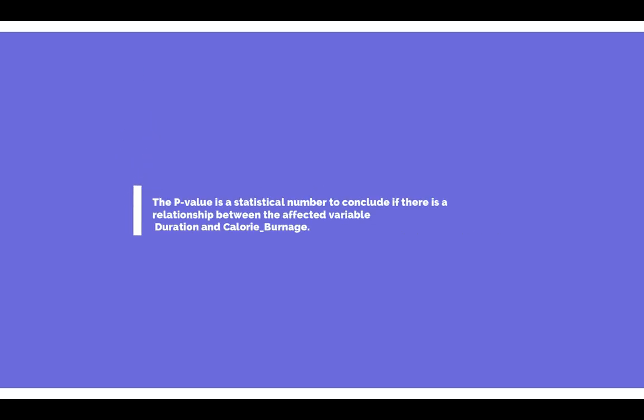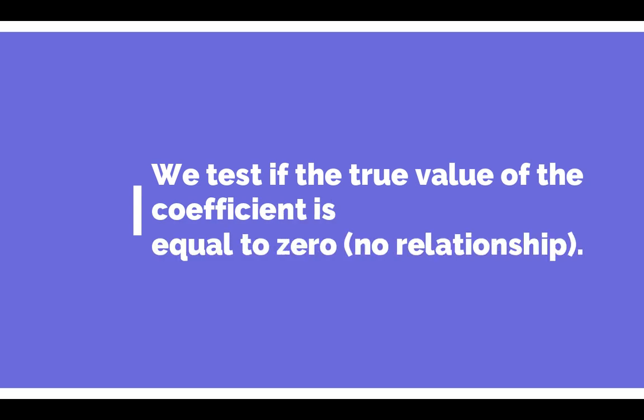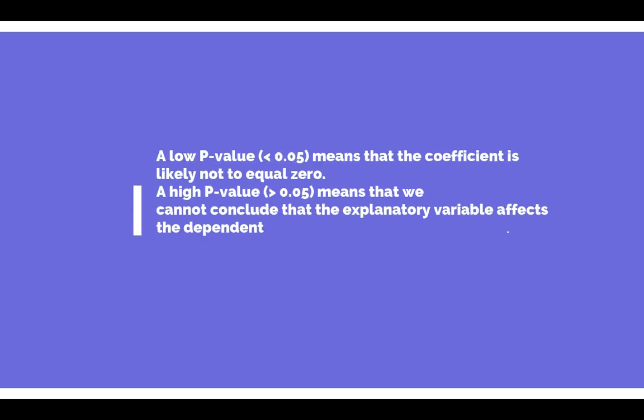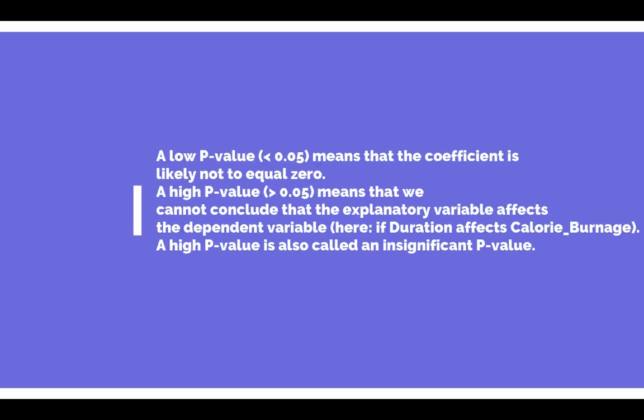All right, let me explain what the p-value actually means. The p-value is a statistical number to conclude whether there is a relationship between our variables, that is the duration and the calories. We can test if the true value of the coefficient is equal to 0. If a coefficient is equal to 0, it means there is no relationship, because there is no way the independent variable is affecting the dependent variable.